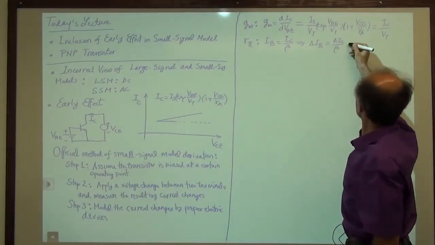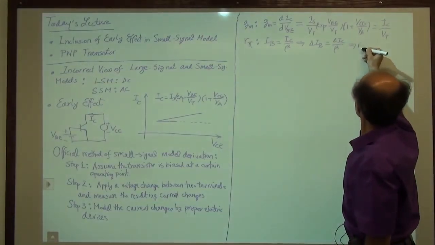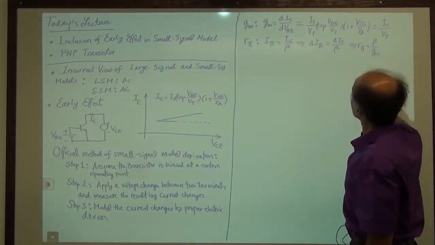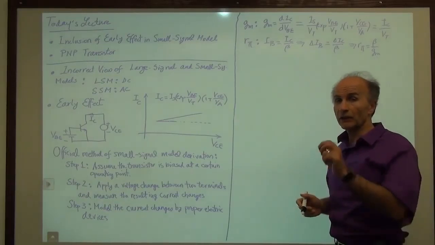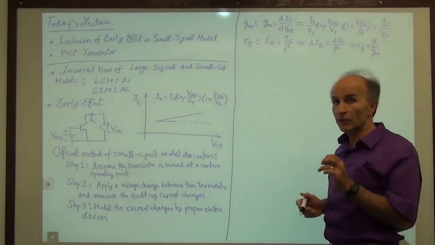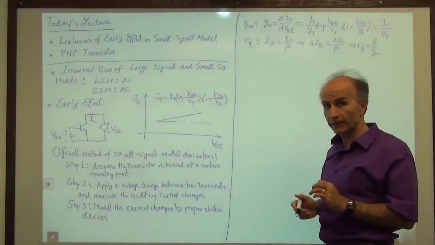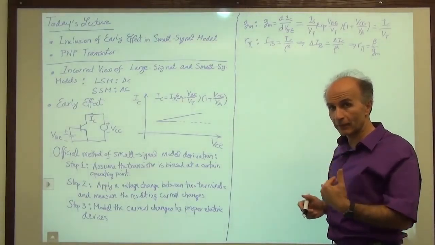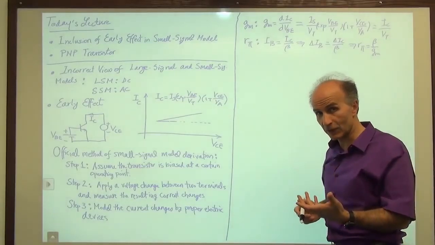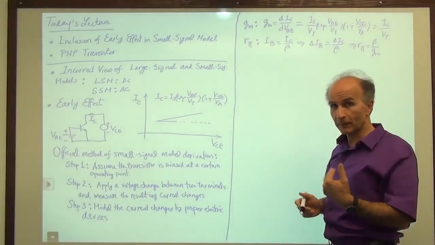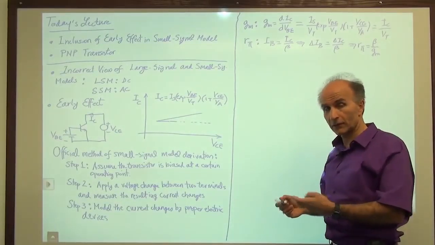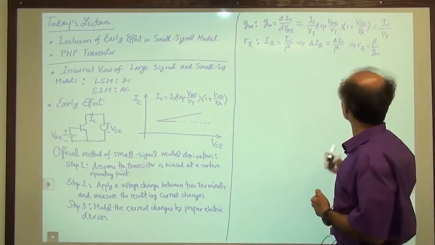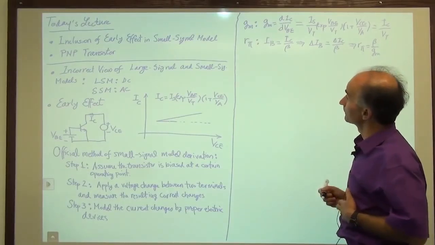So that means that we still have rπ equal to beta over gm. Right? Because the collector current has changed by gm vπ, and that gm vπ gets divided by beta to give us the base current change. gm vπ divided by beta is the current, so the resistance equivalent to that will be beta over gm. So this doesn't change either.